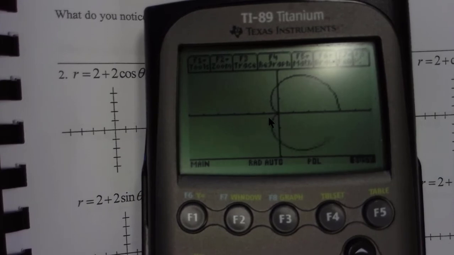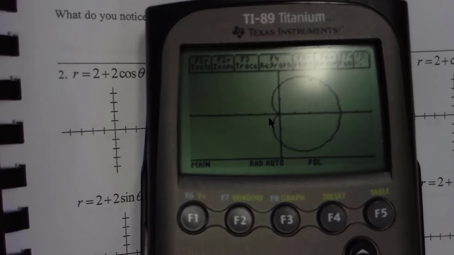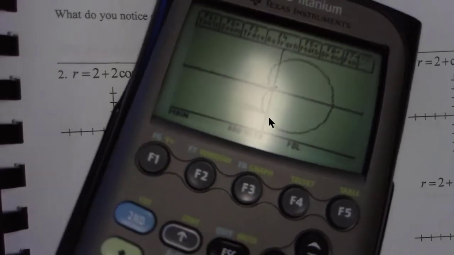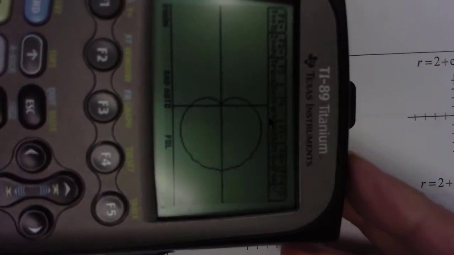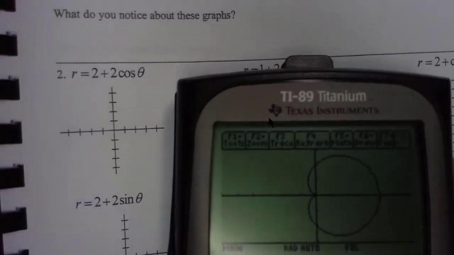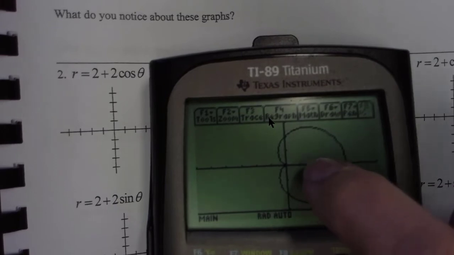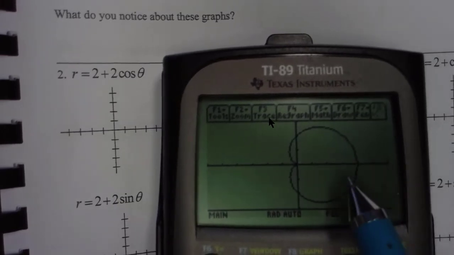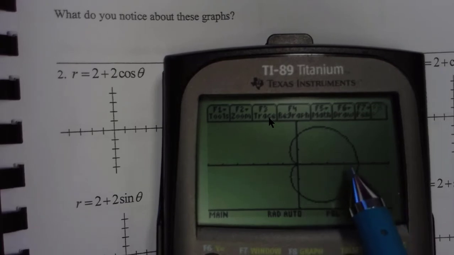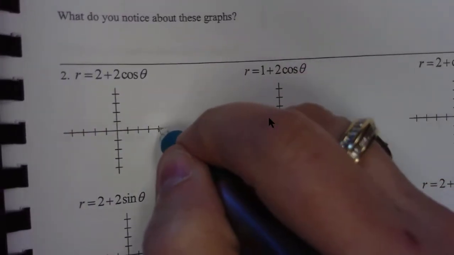Okay. Well, that's interesting. First of all, it took all 2 pi for it to graph. But also, if I turn it this way, it kind of looks like a heart. This is called a cardioid. But interesting that it has a little indentation. All right, and again, each one of these is 1 unit. So I'm going all the way out to 4.